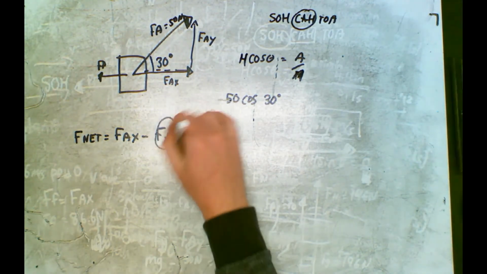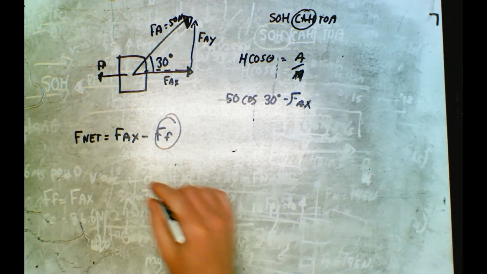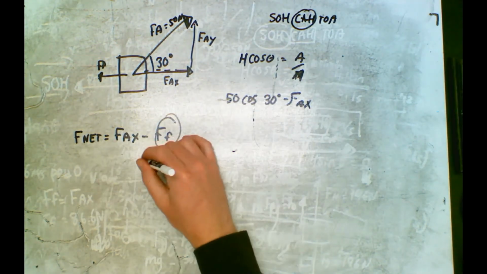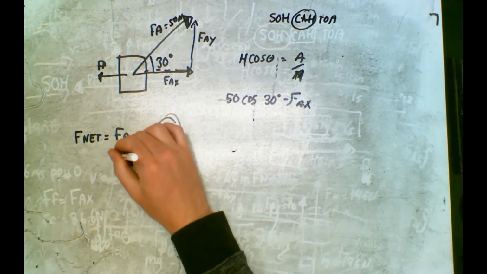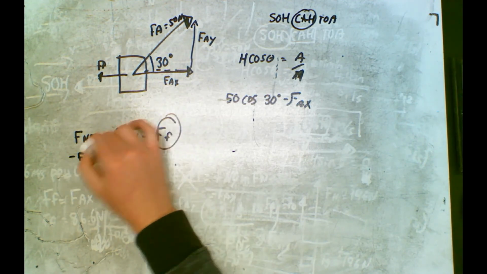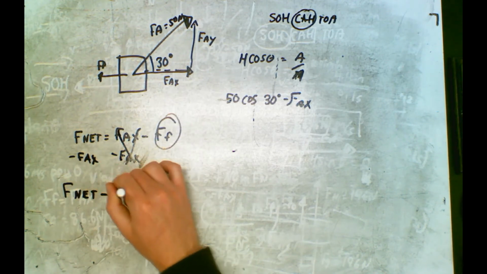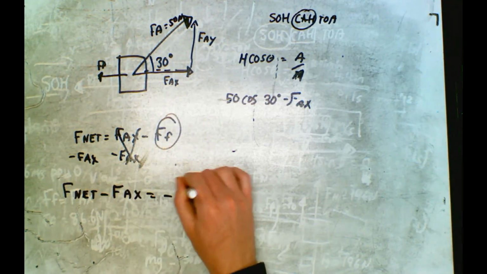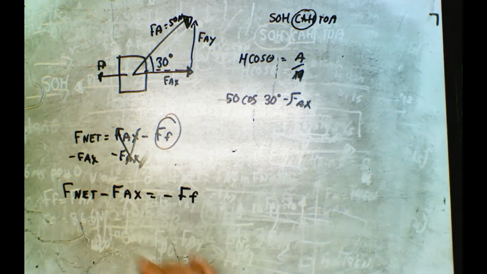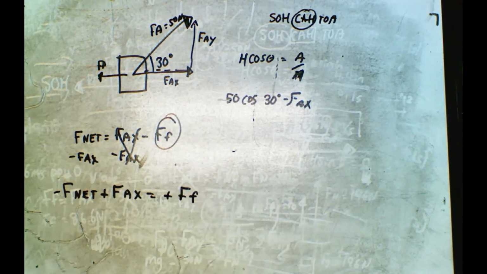Okay, we want to find force of friction. We can subtract the force applied in the x from both sides. So we end up getting F net minus force applied in the x is equal to negative force of friction, because that negative sticks around. So I'll just make this negative, this positive, and this positive to fix that.